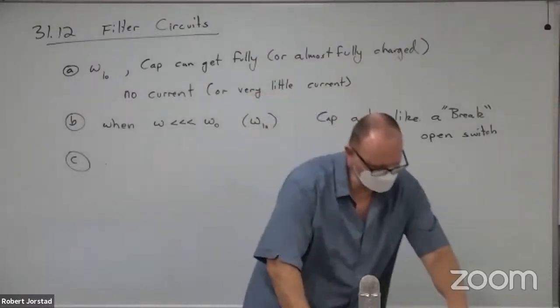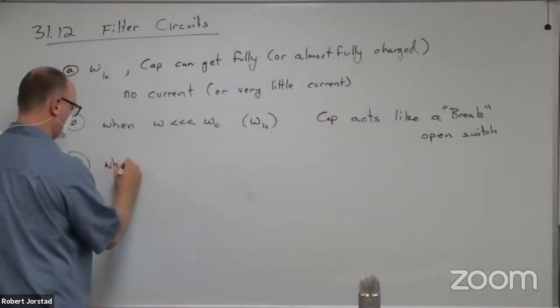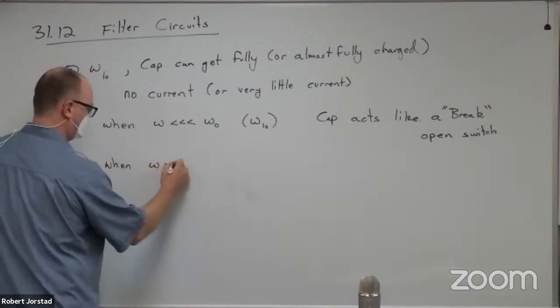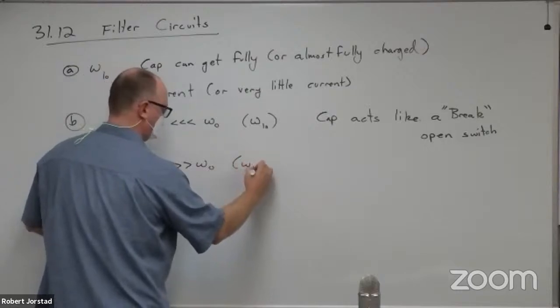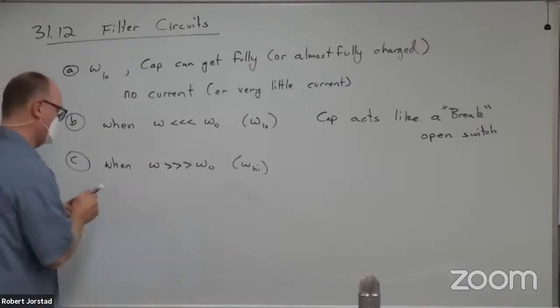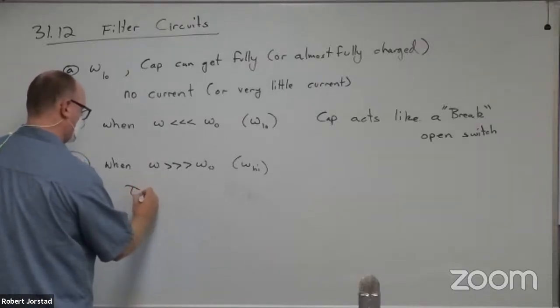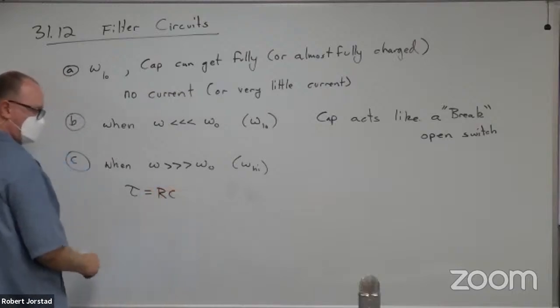High frequencies? Yeah. At high frequencies, if you oscillate very rapidly, the capacitor doesn't have time to charge up. I can show you this. Think about this. Tau for an RC transient is something like RC, right?